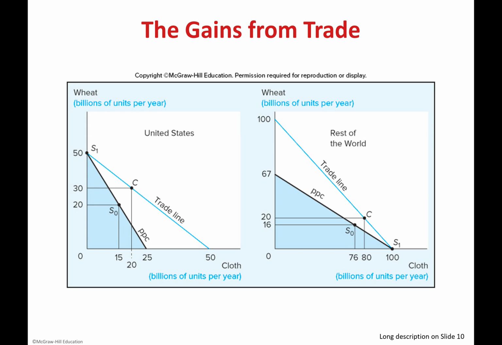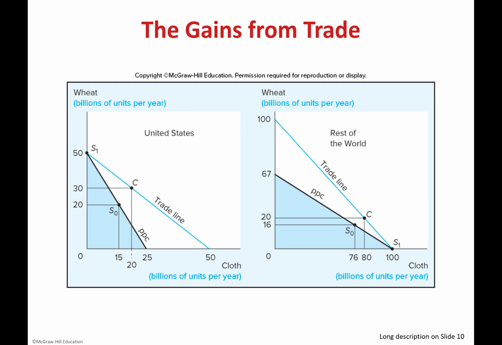So who has the lower opportunity cost? Well, it's clearly the rest of the world. They have a slope of 2/3. But remember, this is wheat per unit of cloth. So the foreign country, the rest of the world, gives up less wheat to produce a unit of cloth. Therefore, it should be producing cloth.